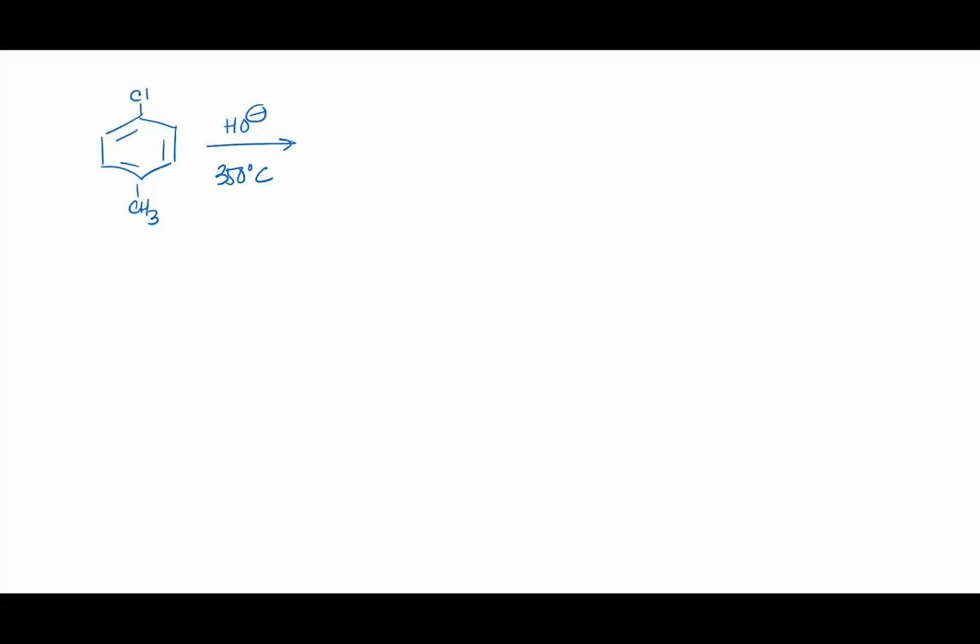So when the ring is unactivated, you need higher temperatures. And what happened in this reaction is that when they took this parachlorotoluene molecule and did nucleophilic substitution, they actually got two products. They got the OH ending up para to the methyl group, but they also got an equal amount of OH meta to the methyl group.